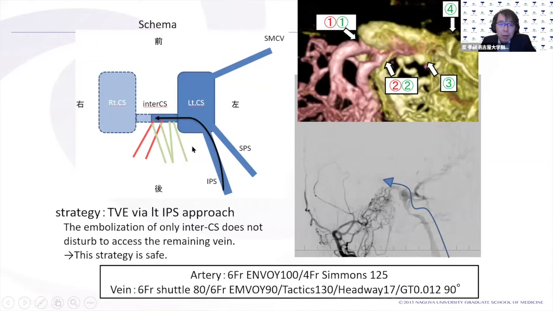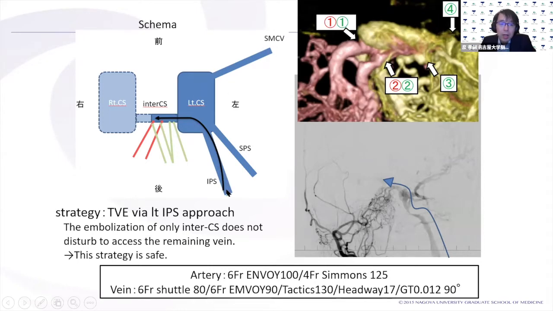And here is the schema of this cavernous sinus case. And here is the intercavernous sinus. And from right ECA and left ECA, 4 pouches. The intercavernous sinus has 4 pouches. And the IPS is patent, and SPS and SMCV have reflux.